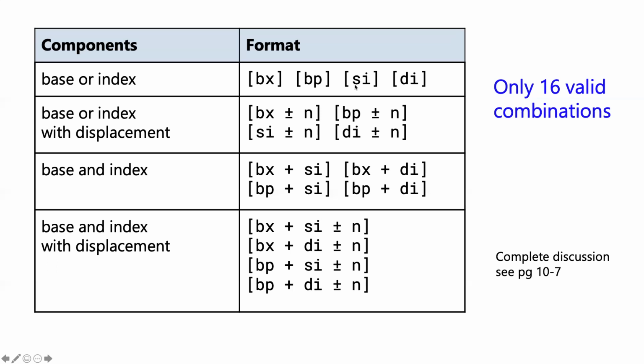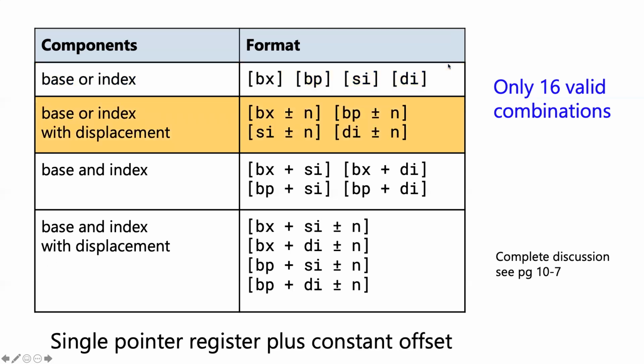These next few slides might go by quickly because I kind of said everything that's in this table. So we already knew about these modes. They're called base or index. And again, that's based on the names of these registers. With base or index, you can add a constant offset.